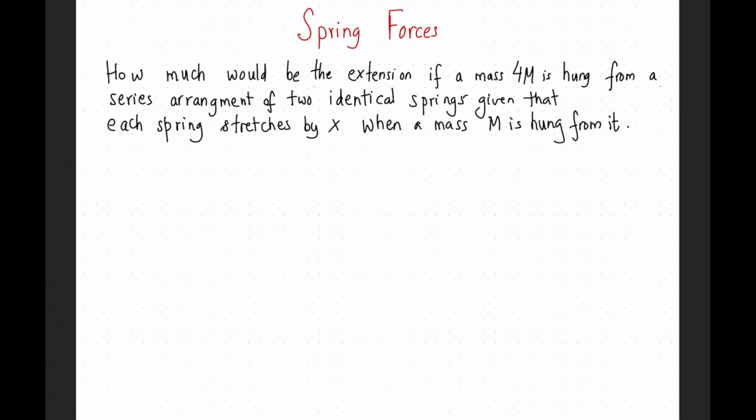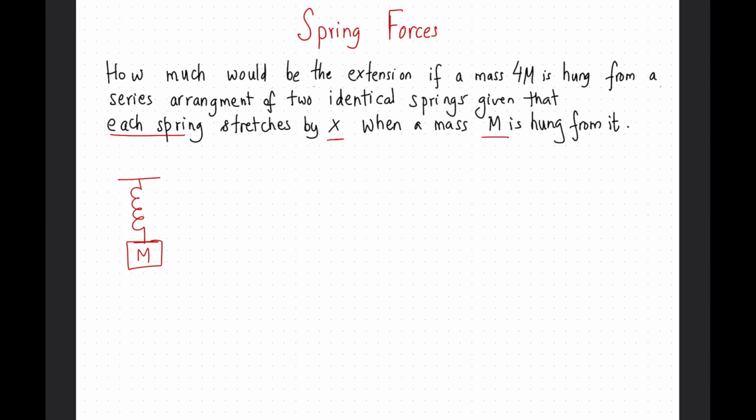Now next question, again on spring forces. How much would the extension be if a mass of 4m is hung from a series arrangement of two identical springs, given that each spring stretches by x when a mass m is hung from it? Okay, so if you have a single spring, each spring stretches by x when you hang a mass m to it.